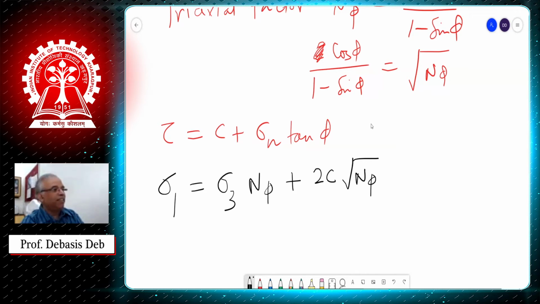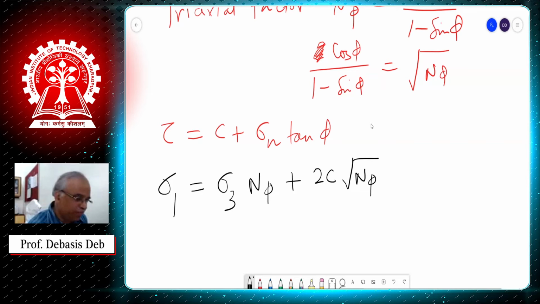Okay, now you see, these two equations are exactly the same. There is no change at all. We have just transformed the axis. That's it.